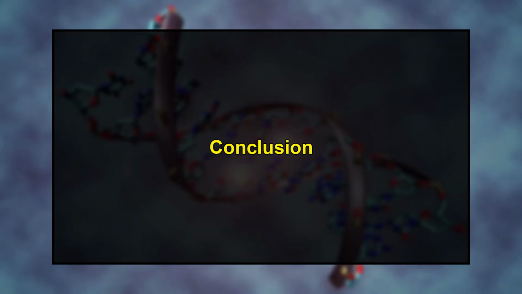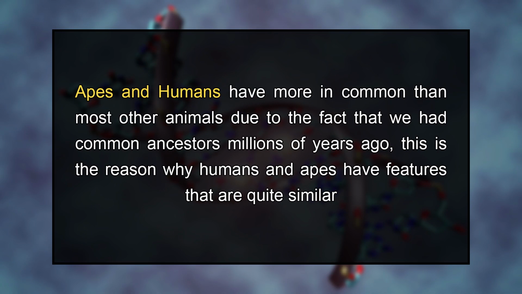Dear students, let's now conclude the lecture. Apes are humans' closest living relatives, and furthermore, apes and humans have more in common than most other animals due to the fact that we had common ancestors millions of years ago. This is the reason why humans and apes have features that are quite similar.